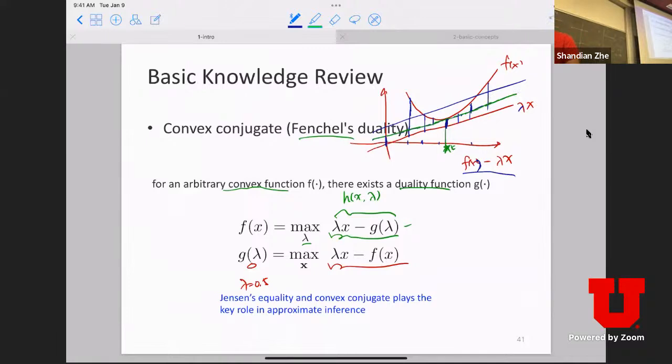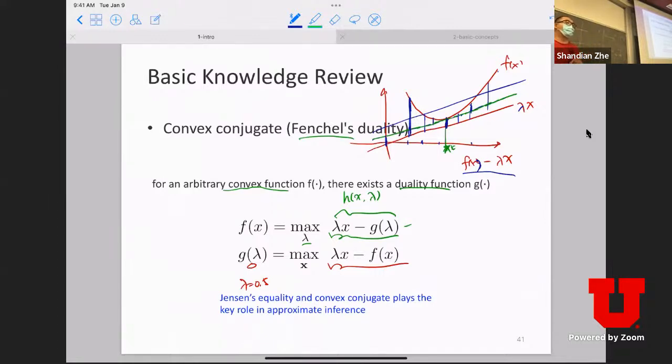So by just looking at this difference between these two red curves, f of x and lambda x, we want to know which distance is the smallest one. How can we find that distance? Imagine you got this vertical line, and you move from the far left to far right. It is decreasing and then increasing. At some point here, you got the smallest one.